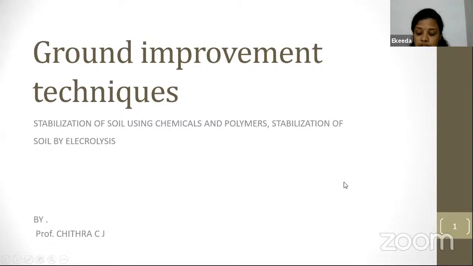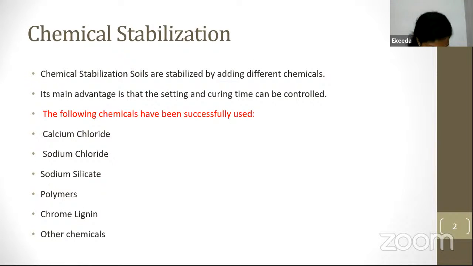Then we'll have a revision from the beginning. So we were explaining soil stabilization by chemical methods and by electroosmosis. So in chemical stabilization, the following are the chemicals that we can use for stabilizing the soil. First is calcium chloride, second is sodium chloride, then sodium silicate, polymers, chrome lignin, and other chemicals.